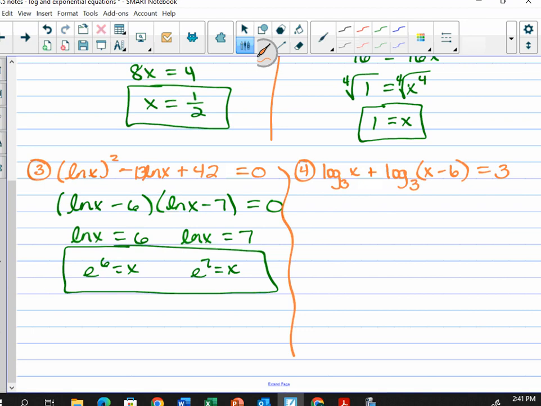Use your properties. I thought I just got rid of my log somewhere. Did I do that right? Good start.